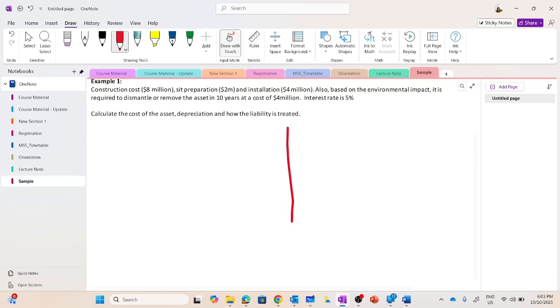Construction cost is 8 million, site preparation 2 million, installation 4 million. Also, based on the environmental impact, it is required to dismantle or remove the asset in 10 years at a cost of $4 million. Interest rate is 5%. So the requirement stated that we need to calculate the cost of asset, depreciation, and how the liability is treated. So we can start with the cost.